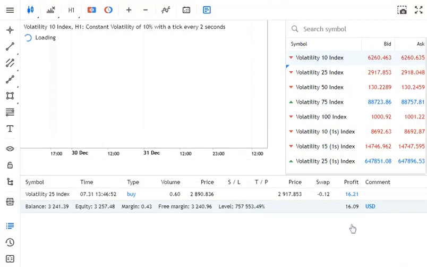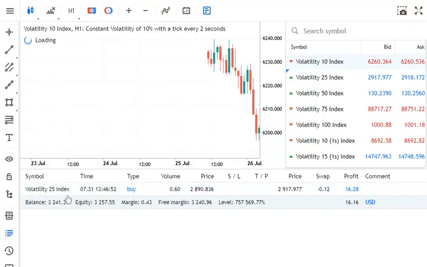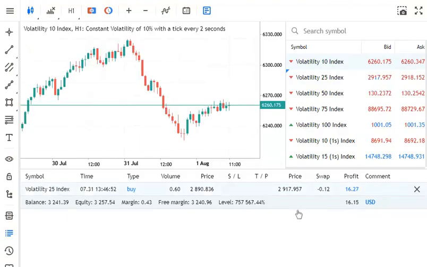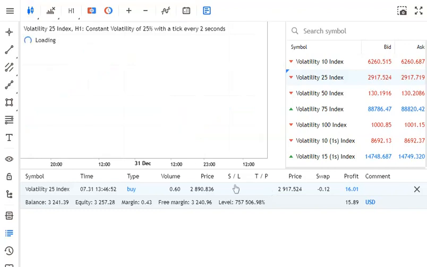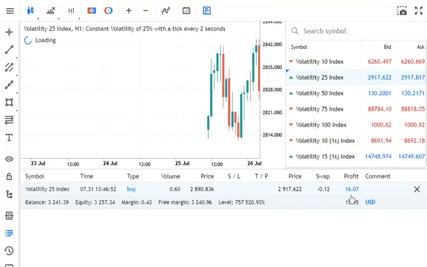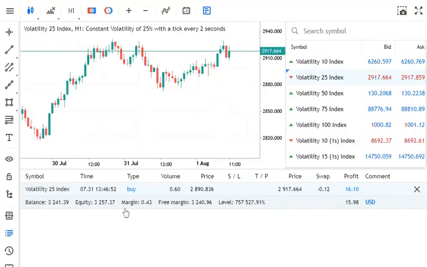All right, just so you see it, this is the Volatility 25 Index, which we bought after the sell trade was closed. You can see my profit is $16, and my balance has increased by $16. That is because this trade is probably traded on a $3,000 account.